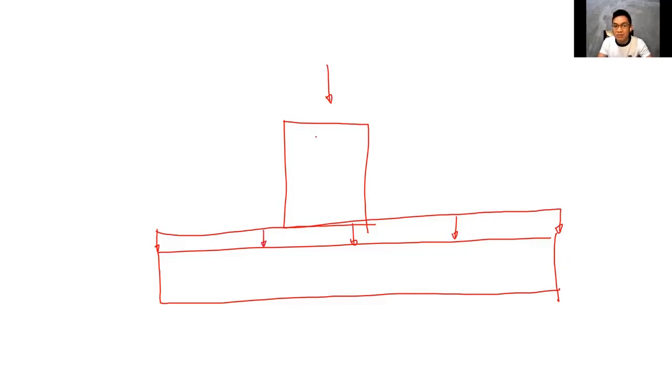Anong mangyayari sa ating beam? Our beam tends to mag-smile siya. This is exaggerated, hindi naman siguro ganyan talaga yung ating deformation. Mag-smile siya, class, mag-bend, di ba?